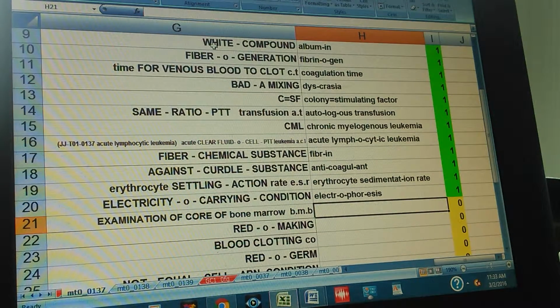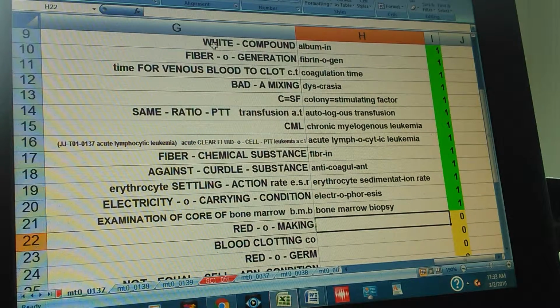Examination of core of bone marrow, and this is a medical phrase with three words. The first word starts with B, the second one with M, and the third one with B. Examination of core of bone marrow. Bone marrow biopsy.